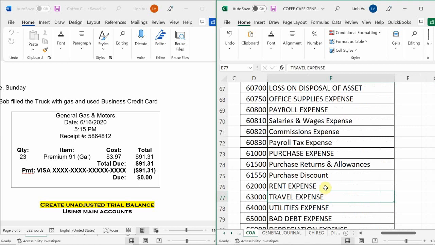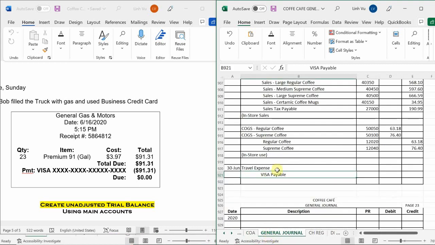Travel expenses is 63,000. Wrong account. For how much? We charged $91.31. $91.31. Okay.